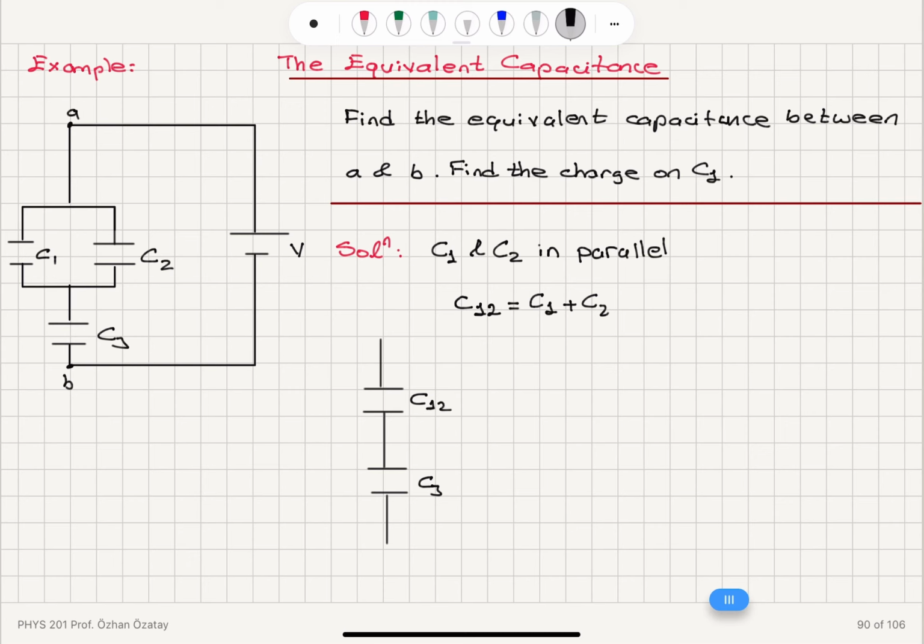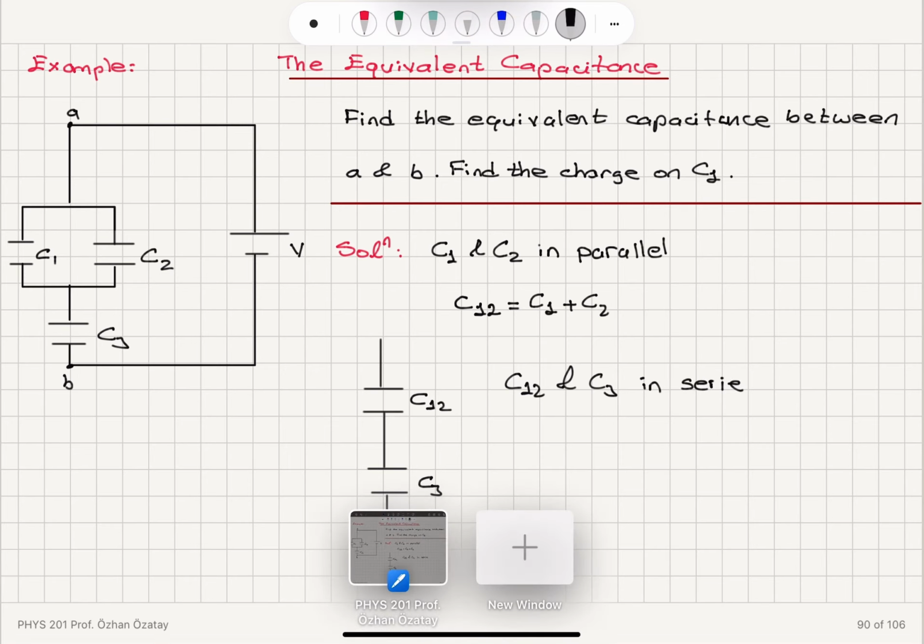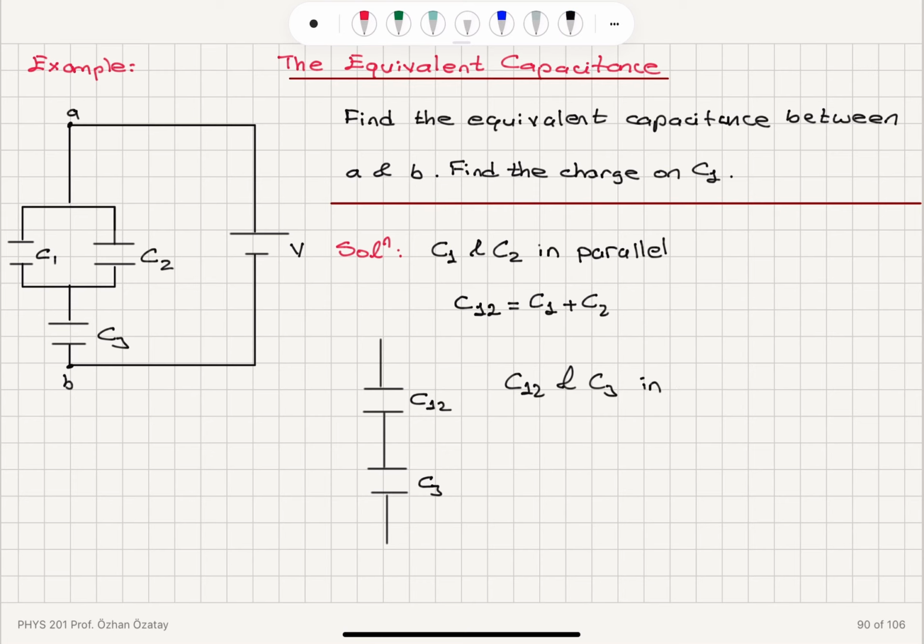So I can say that C12 and C3 are in series. Therefore, I can write the equivalent capacitance as the product of the two capacitances C12 times C3 divided by the sum C12 plus C3.